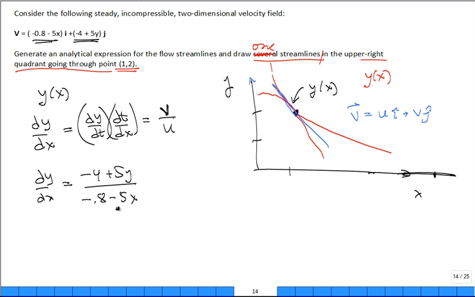I want to solve for this equation. So what do I do? I separate and integrate. So you get dy times 1 over negative 4 plus 5y equal to dx times 1 over negative 0.8 minus 5x.